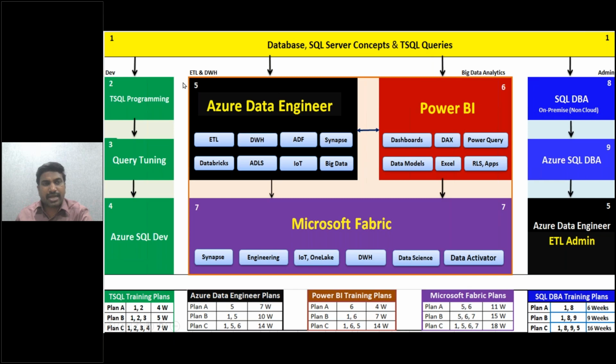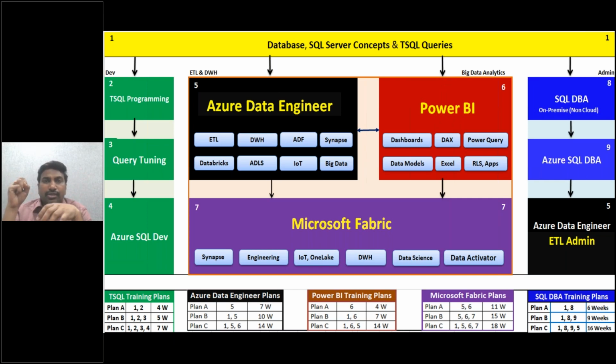Then we have the next item, the black box: data warehouse and ETL, extract, transform, load. We have big data analytics, Power BI. So the choice is yours.